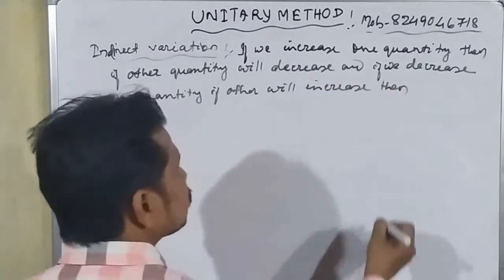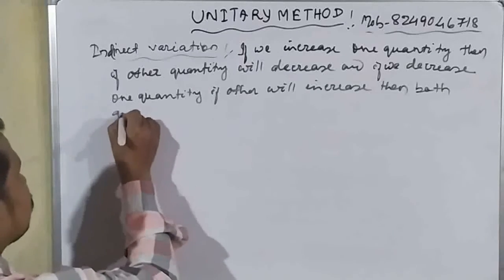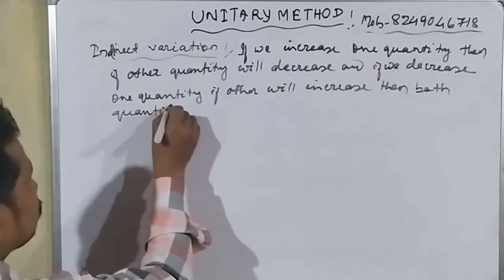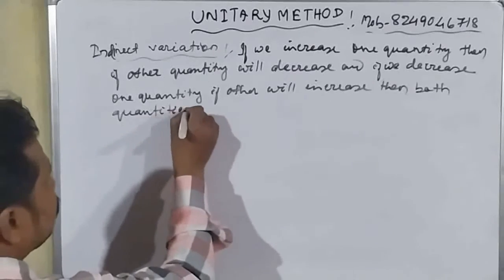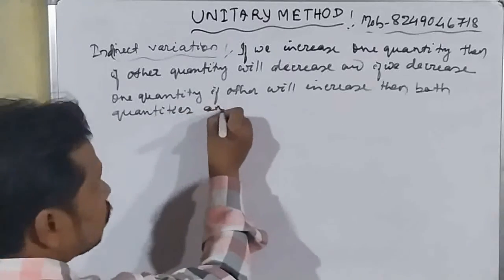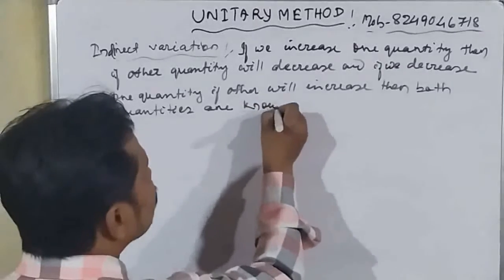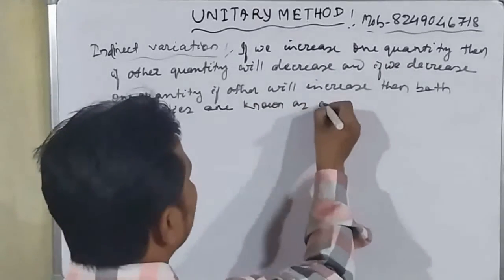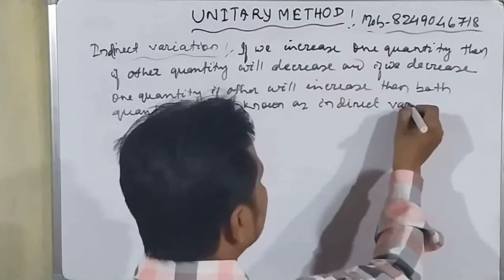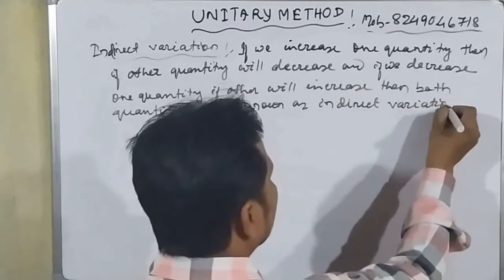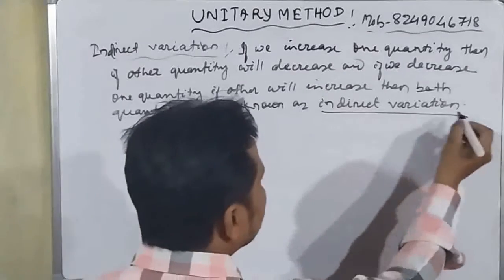Then both quantities are known as indirect variation. Or sometimes it is known as inverse variations.